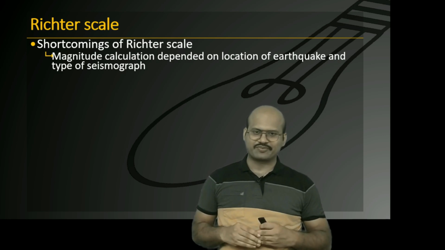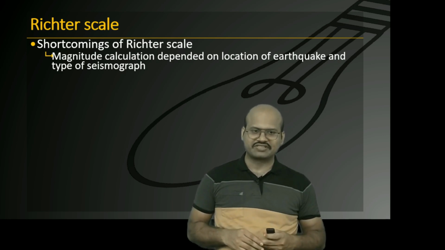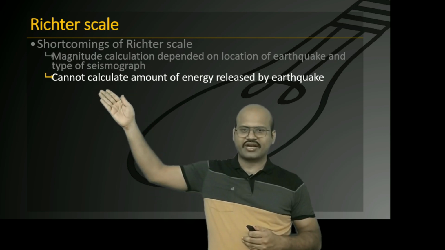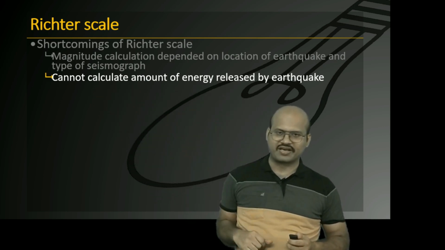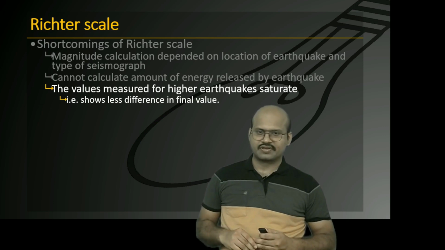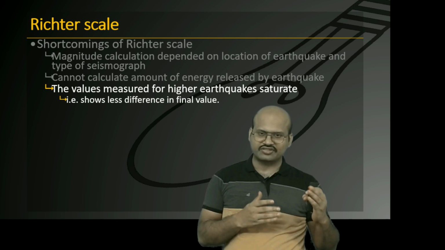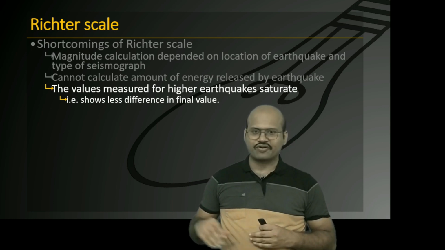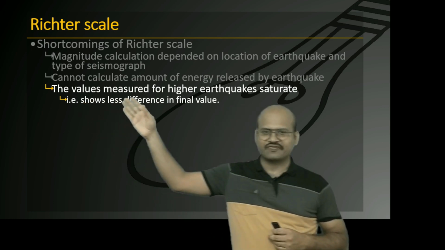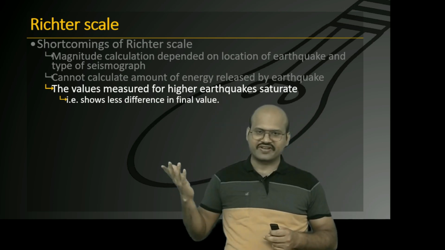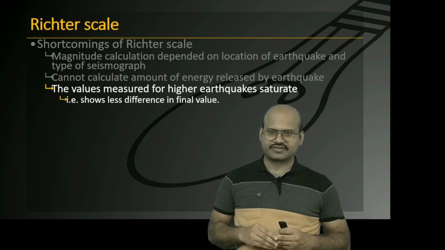Different types of seismograph can give different measurements for the same earthquake. It cannot calculate the amount of energy released by the earthquake. And the equation used for the Richter scale saturates at higher scales. Therefore, there is a saturation for higher earthquakes. They saturate, that is, they show less difference in high intensity earthquakes.